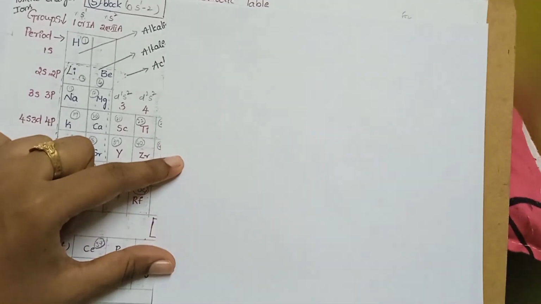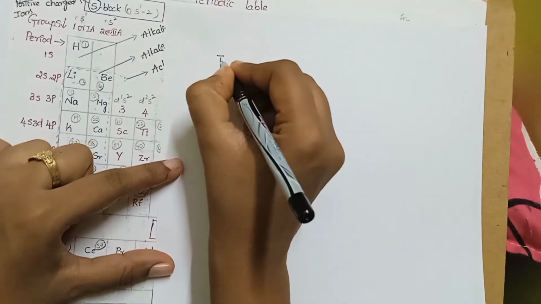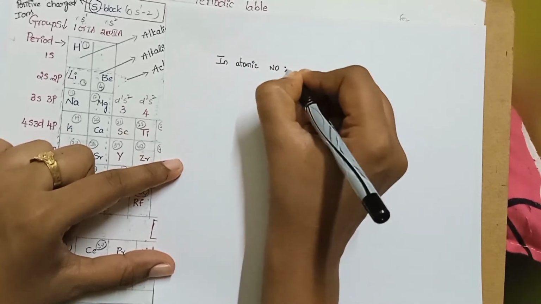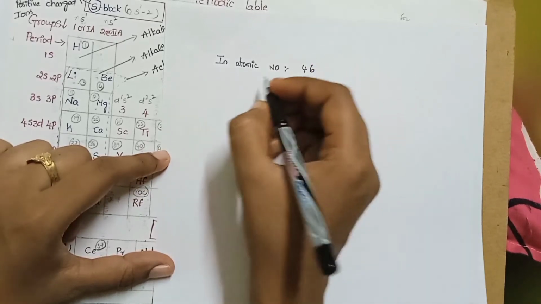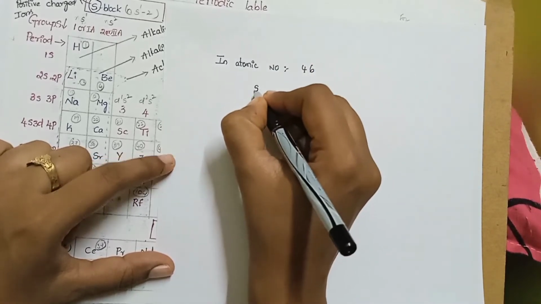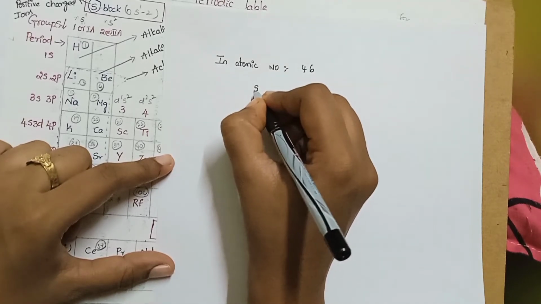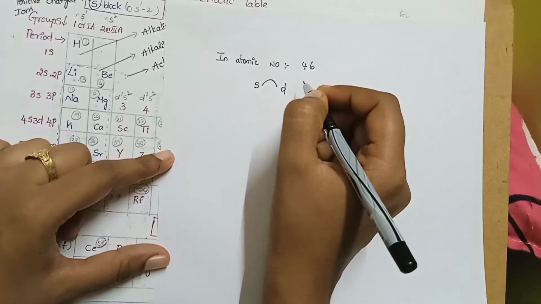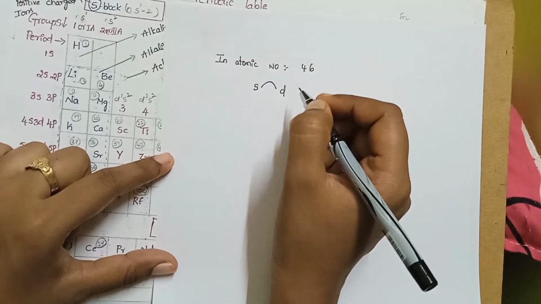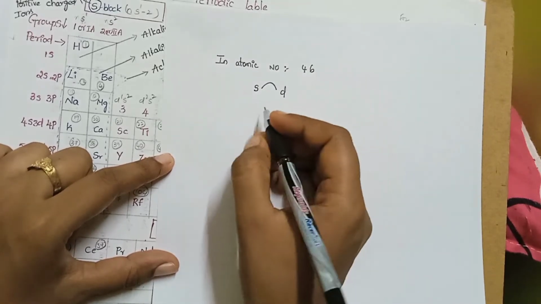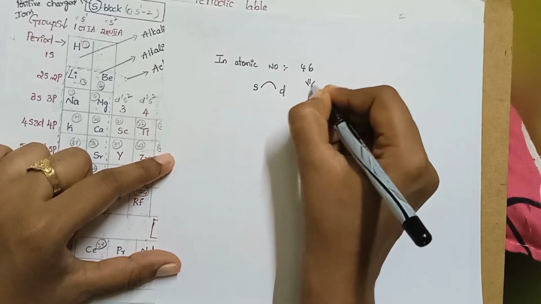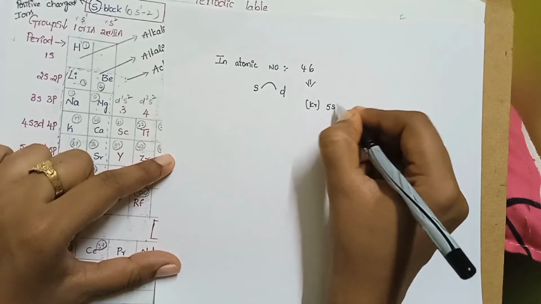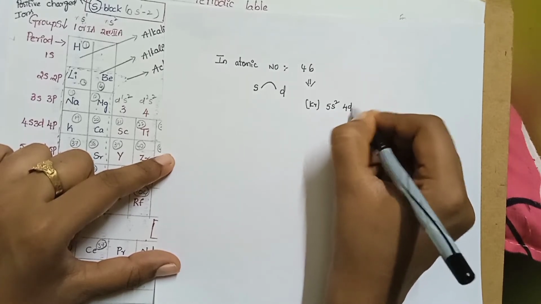In atomic number 46, the s subshell transfers electrons to the d subshell. The electronic configuration of 46 is krypton 5s2 4d8.